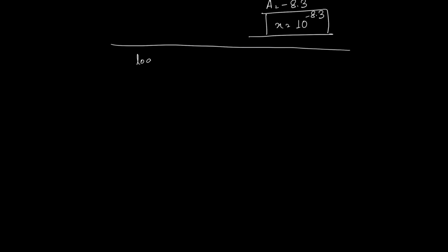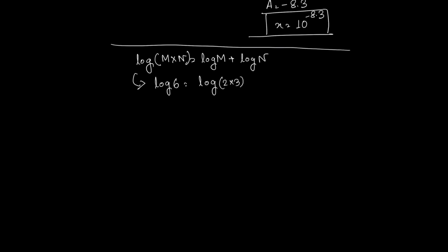First, log of m into n is equal to log m plus log n. For example, log 6 would be log of 2 into 3, that is log 2 plus log 3.